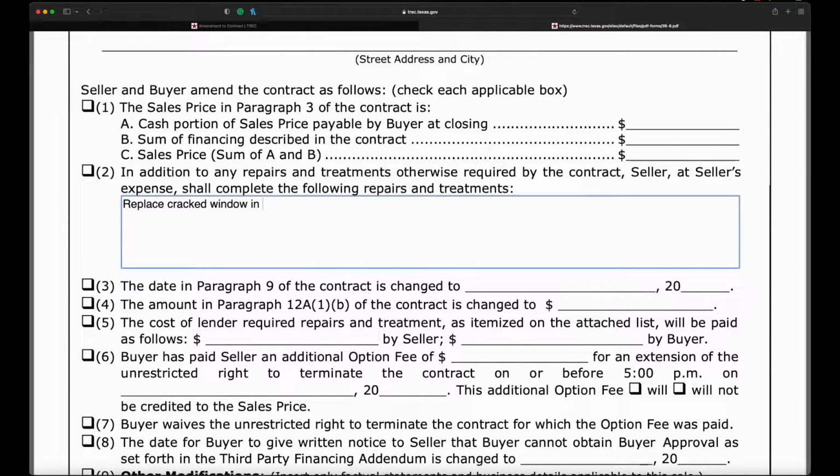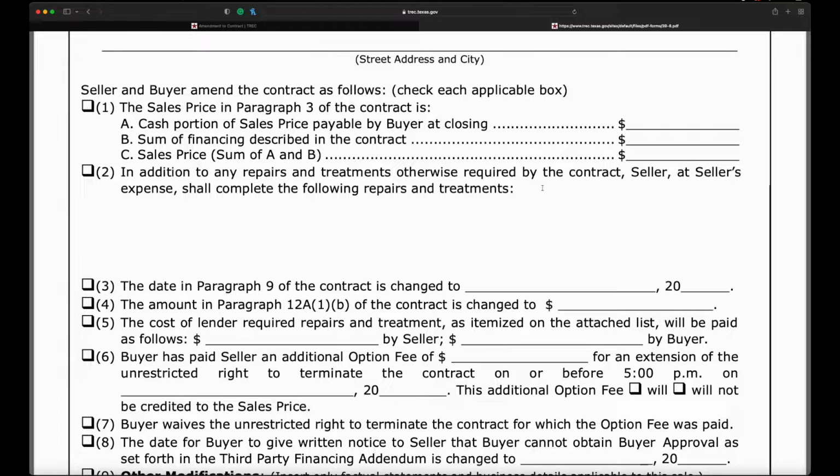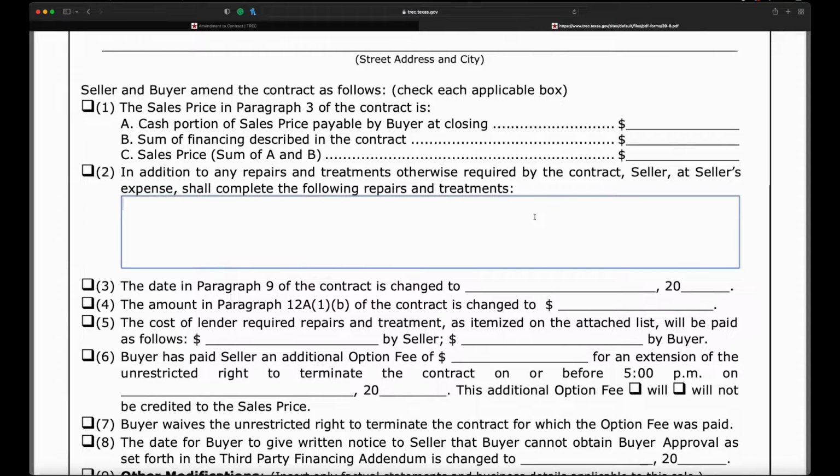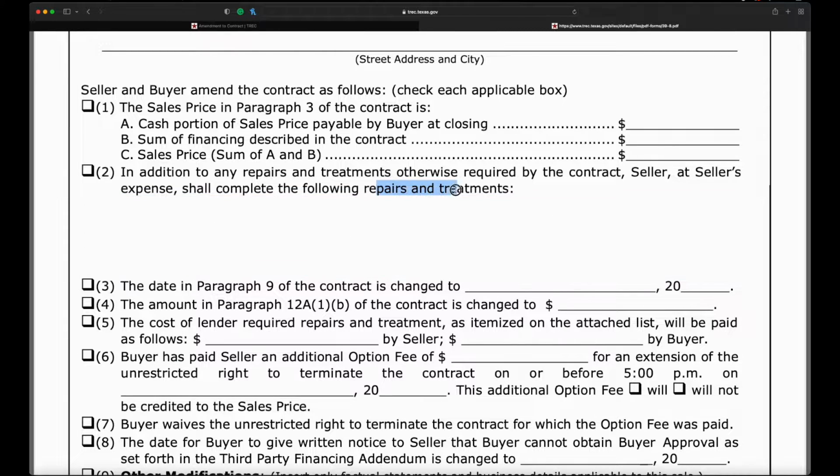You don't just put fix window, because they might just put a lot of tape, or they might seal it in with a crack seal they use for windshields, and they try to hide it. I've seen plenty of that, and that's not really appropriate. So always be specific on how you're going to ask for your repairs or treatments.